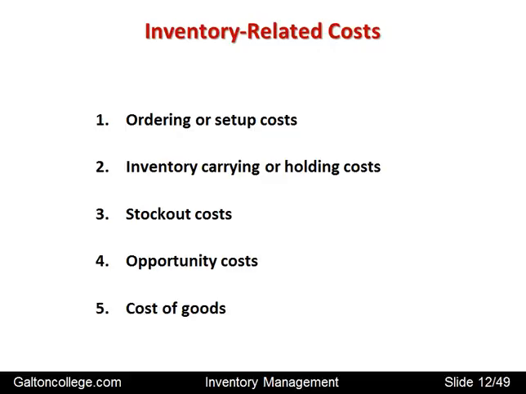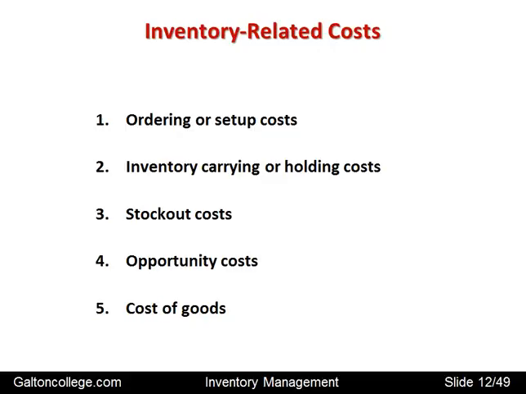Then of course there is the cost of the goods themselves. That is a cost which must be taken into account. We measure the cost of the goods in terms of the opportunity cost, but it's worth, in this case, simply stating it's the amount of cash that's in the stores or held up in stocks.